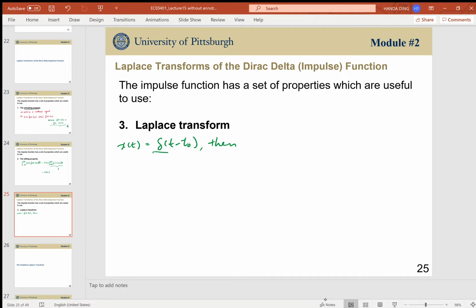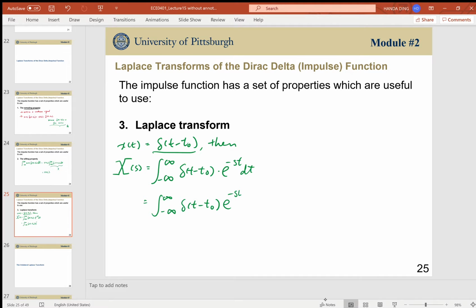So we have x(t) is the impulse function, and the Laplace transform X(s) is nothing more than the classic equation for Laplace, with e to the minus s t0, right?